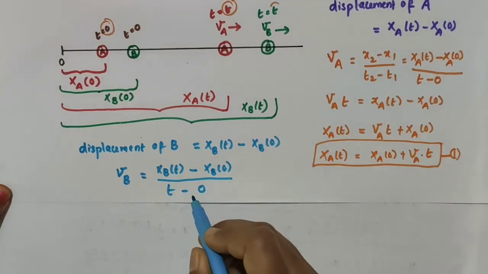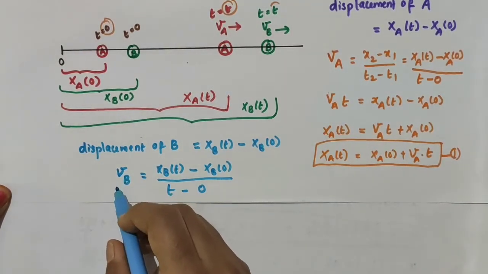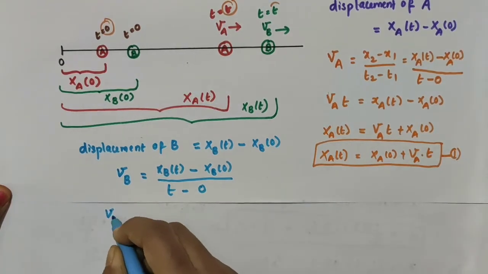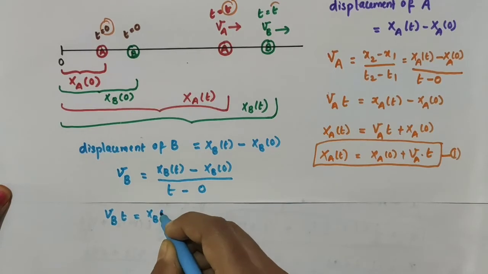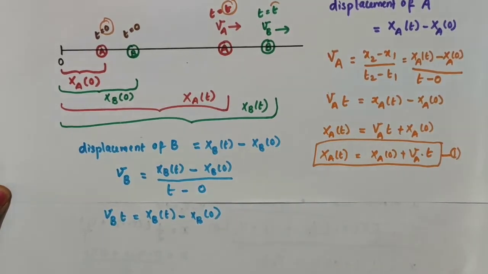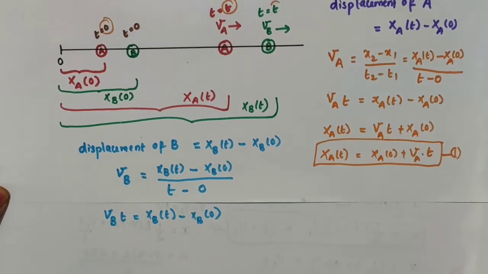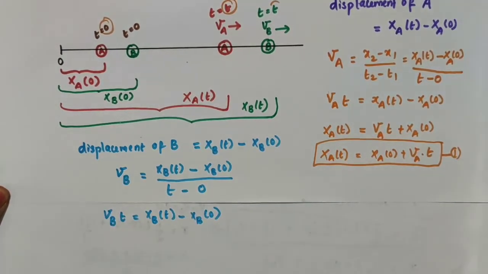Okay, so again we are getting a relation like this for the average velocity of B. So t minus 0 is t. When I am taking this t to this side, that goes to the numerator. So we can write it as VB into t equal to xB of t minus xB of 0. Now if I am taking this minus xB of 0 to that side, that becomes plus xB of 0.